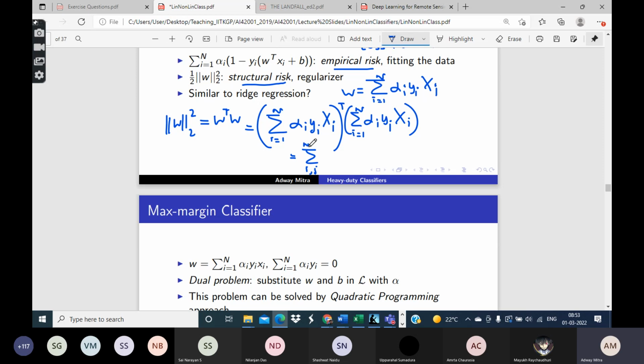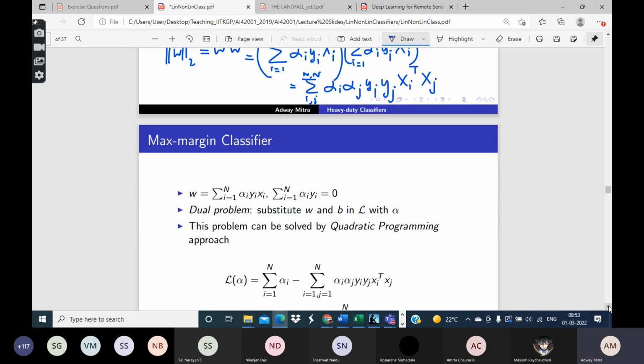So we will get n square products, and we'll have to add all of them up. Each of those products will look somewhat like this: alpha I, alpha j, yi, yj, xi transpose xj. Okay, this is how the whole expression will look.